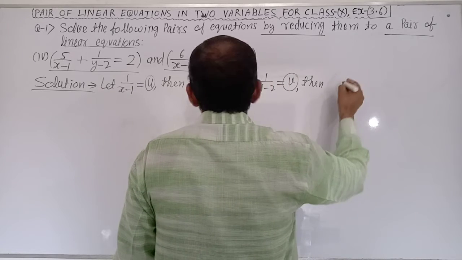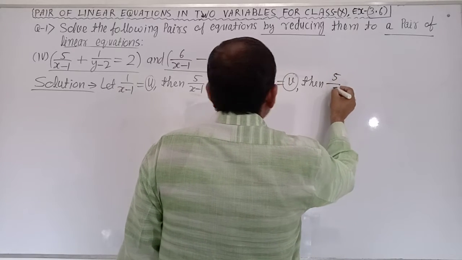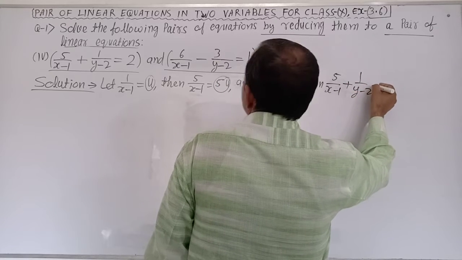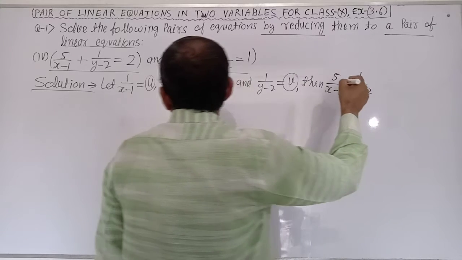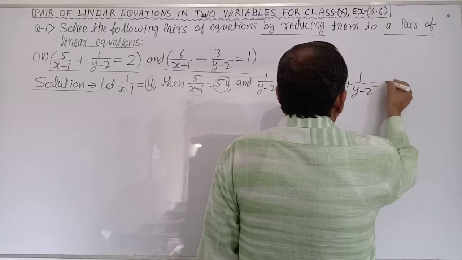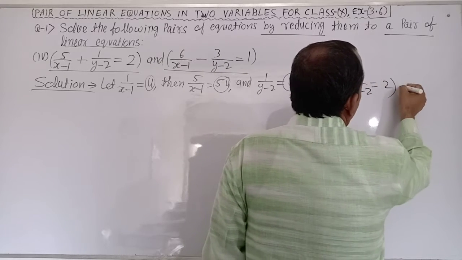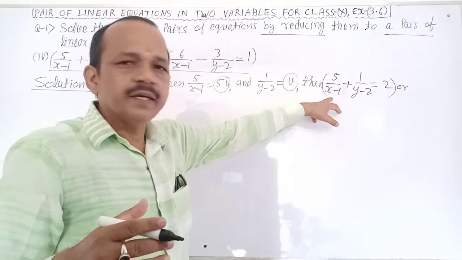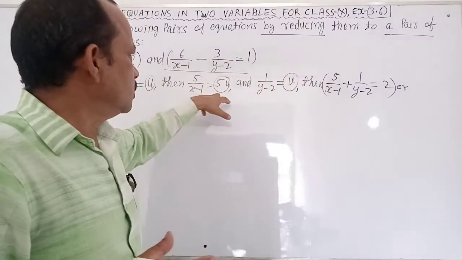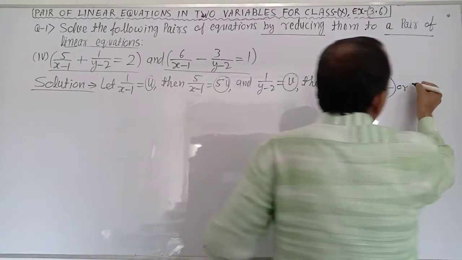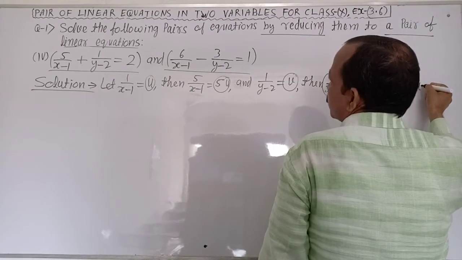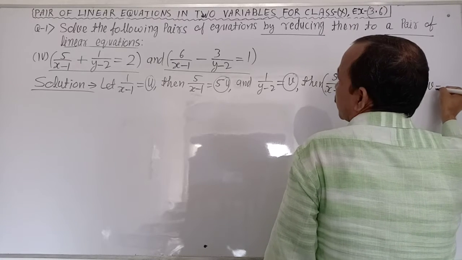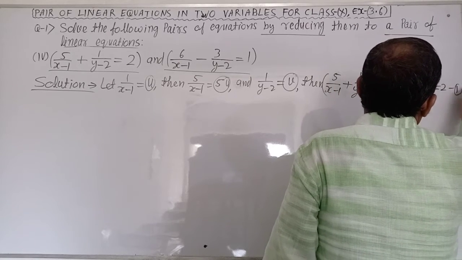Then 5 by x minus 1 plus 1 by y minus 2 equal to 2. Here 5 by x minus 1 equal to 5u, so 5u plus v equal to 2.